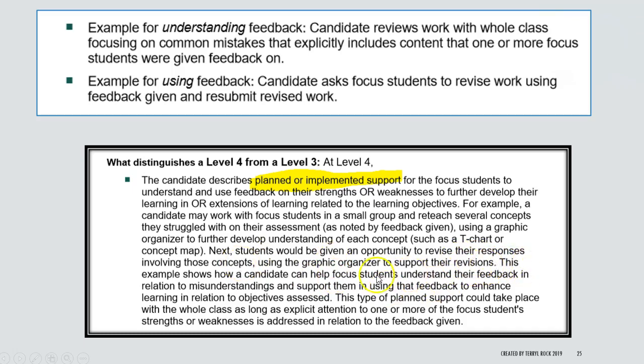So this example shows how a candidate might help focus students understand their feedback in relation to misunderstandings and support them in using that feedback to enhance. This type of planned support could take place with the whole class as long as explicit attention to one or more of the focus students' strengths or weaknesses is addressed in relation to the feedback given.